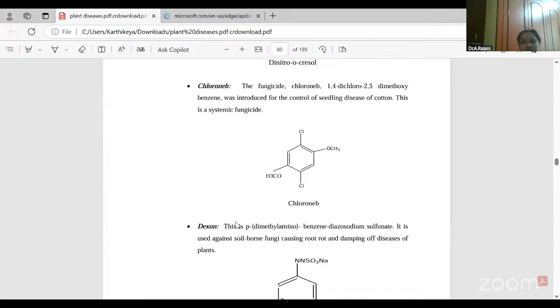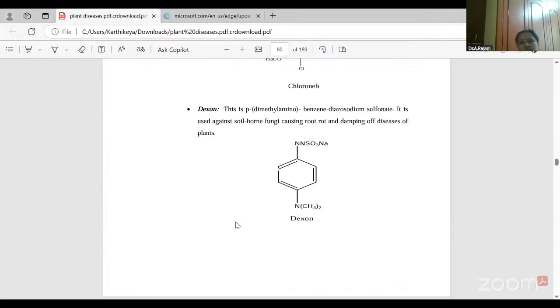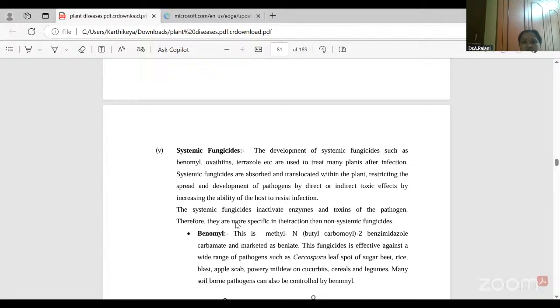This is a systemic fungicide. Dexon, p-dimethylaminobenzene diazosodium sulfonate, is used against soil-borne fungi causing root rot and damping off of plants.